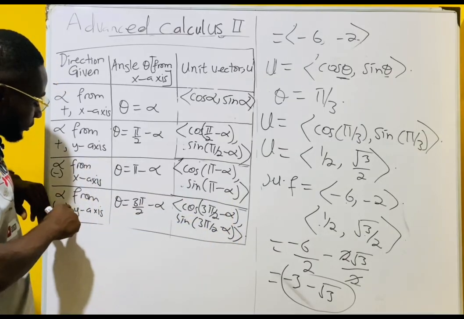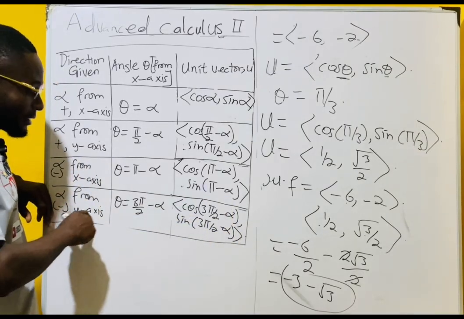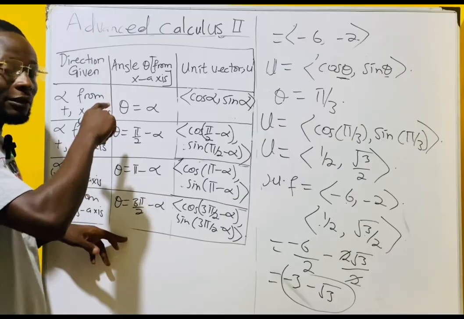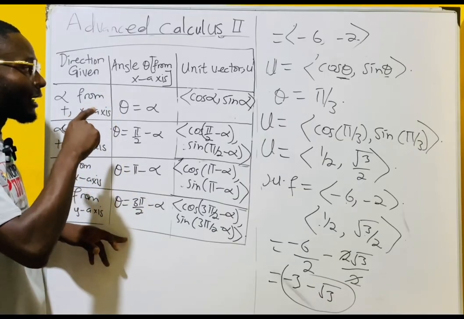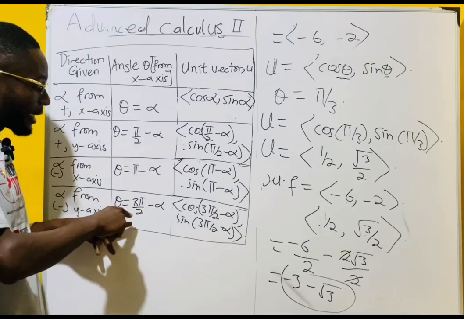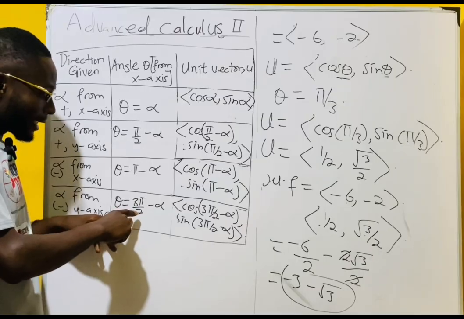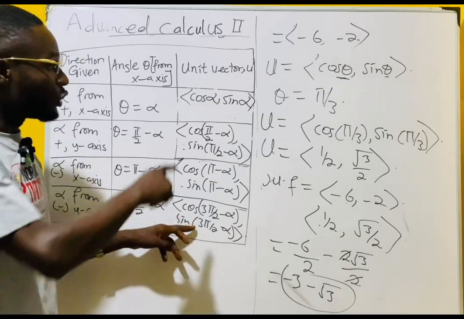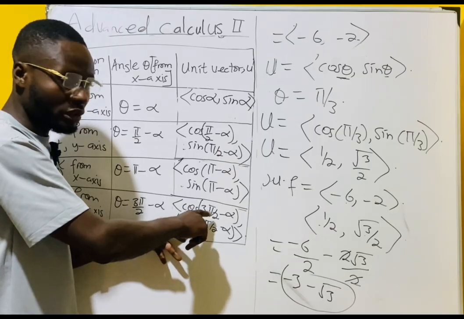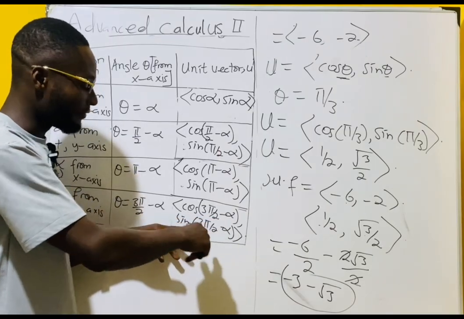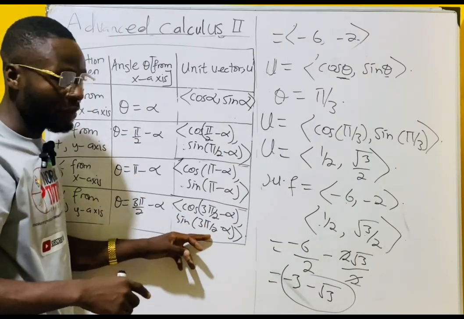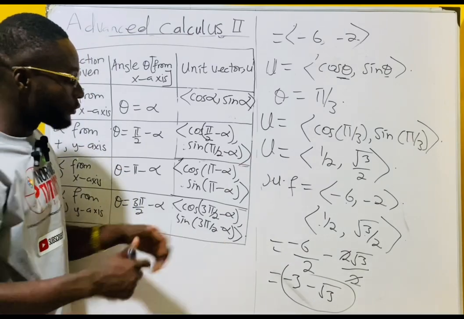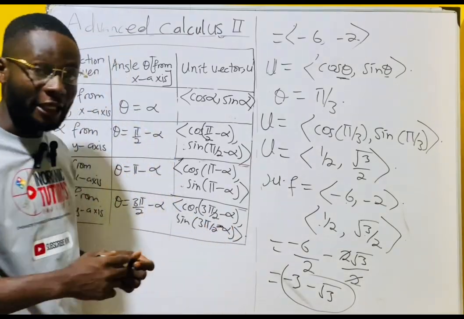And then from the negative y-axis, the angle theta from the x-axis is going to be 3 pi on 2 minus alpha. So your unit vector will be cos of (3 pi on 2 minus alpha), sine of (3 pi on 2 minus alpha). So that is the conversion table.